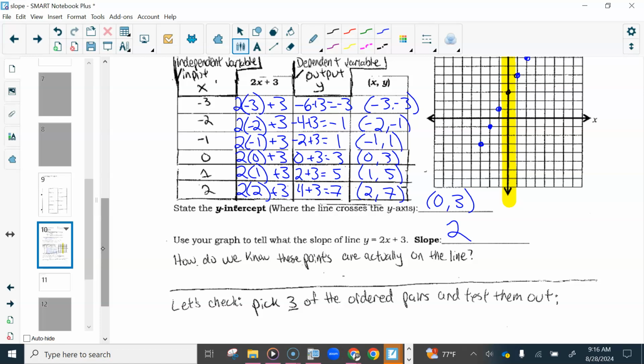Usually your line won't look like a line, and that will tell you something's off. But maybe the line looks okay, and you're not sure if there's something off. So we're going to pick 3 of these ordered pairs and we're going to test it out.